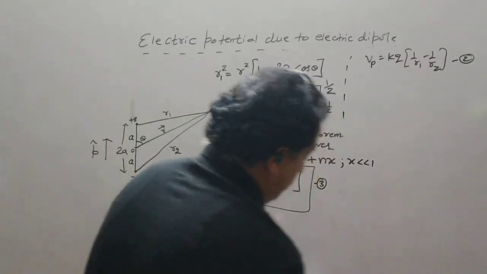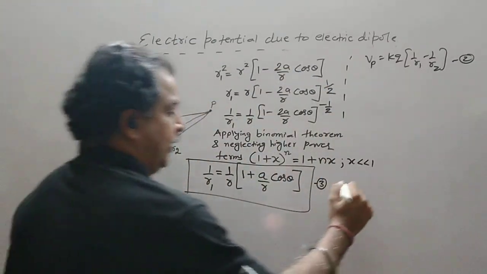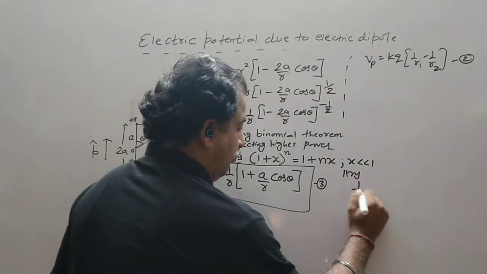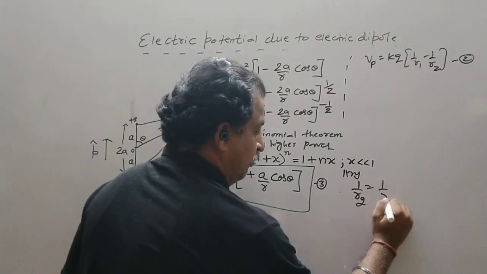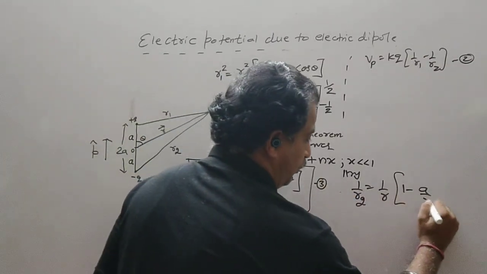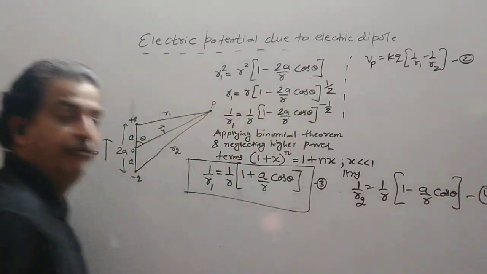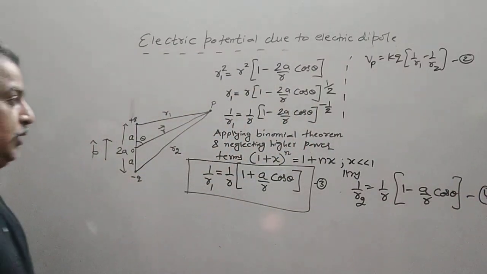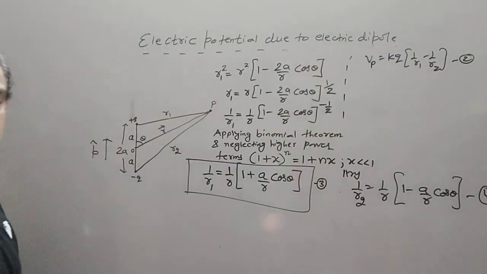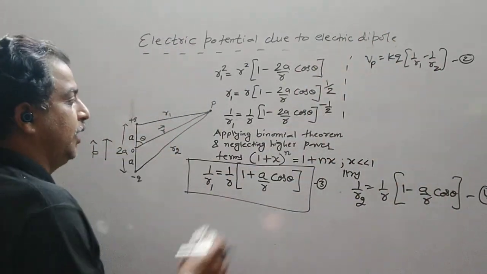And similarly, if I find 1 upon R2, it is equal to 1 upon R times, in the place of plus, I will get minus there. So this is equation number 4. So we have found 1 upon R1 and 1 upon R2. Now we substitute equations 3 and 4 in equation number 2.